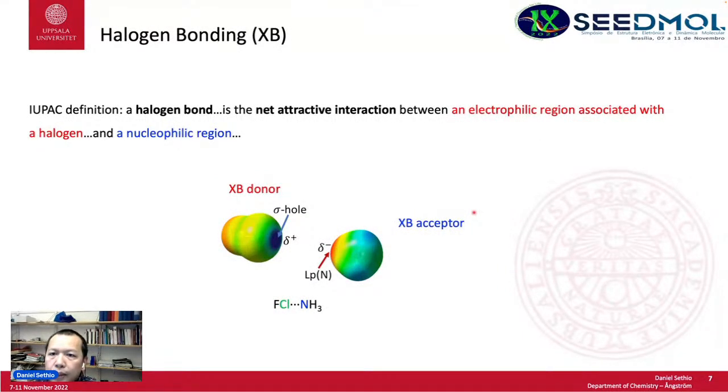The halogen bond is defined as a net attractive interaction between an electrophilic region associated with a halogen atom and a nucleophilic region associated with usually a Lewis base. The moiety with the electrophilic region is called the halogen bond donor, and the moiety with the nucleophilic region is called the halogen bond acceptor.